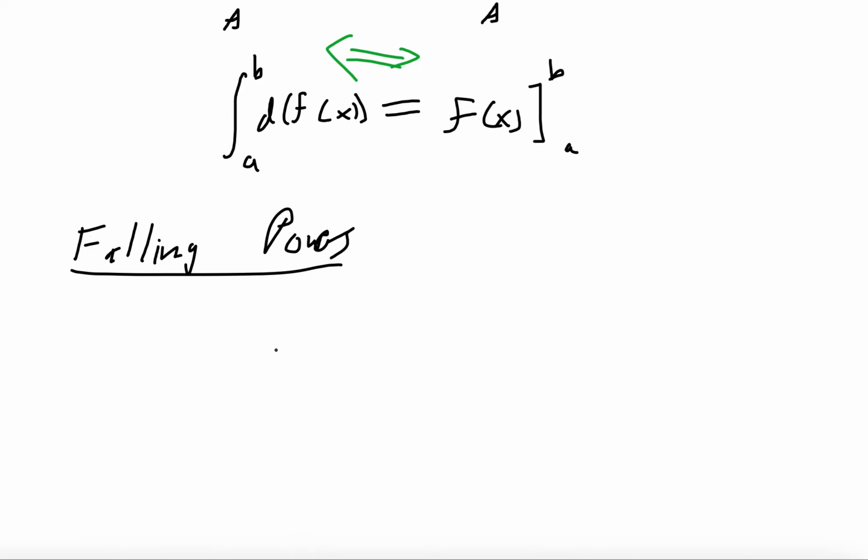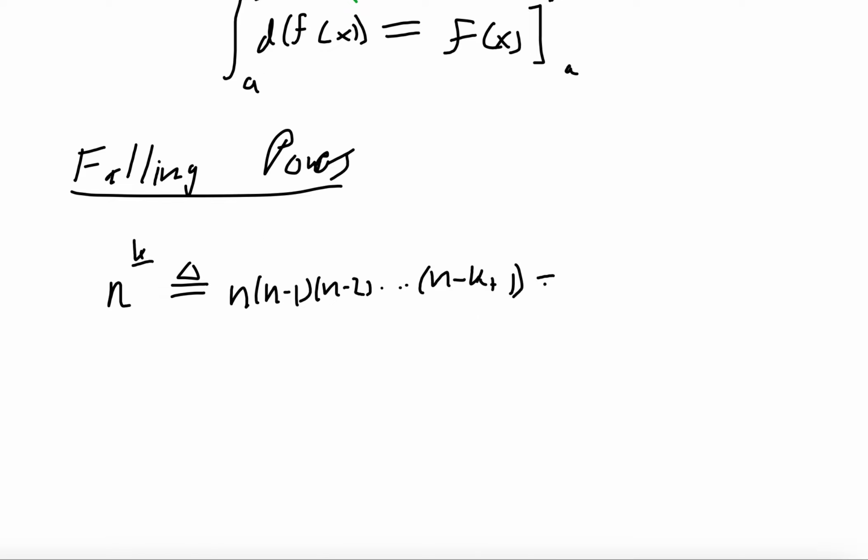Falling powers are defined as such: n to the falling k is defined to be n times n minus 1 times n minus 2, all the way down to n minus k plus 1. You may have seen this before if you've taken combinatorics, where, with positive integer entries, it's the permutations, the nPk, how to permute k objects from n.